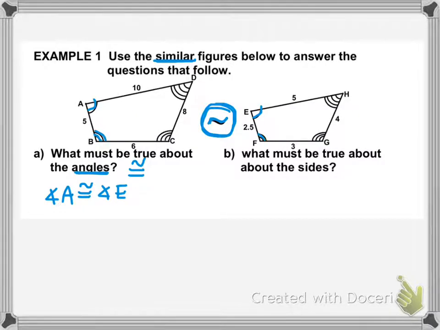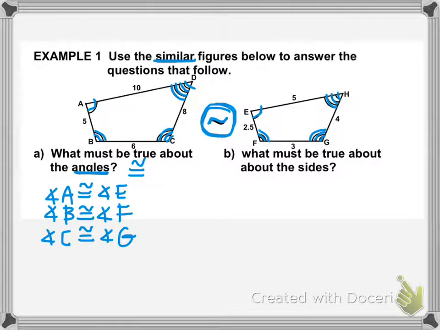Angle B is congruent to angle F. Angle C is congruent to angle G, and I can tell all these by the number of arcs in the angle. Remember, that tells you which ones are congruent to each other. And then the last pair of angles, D and H, are also congruent.